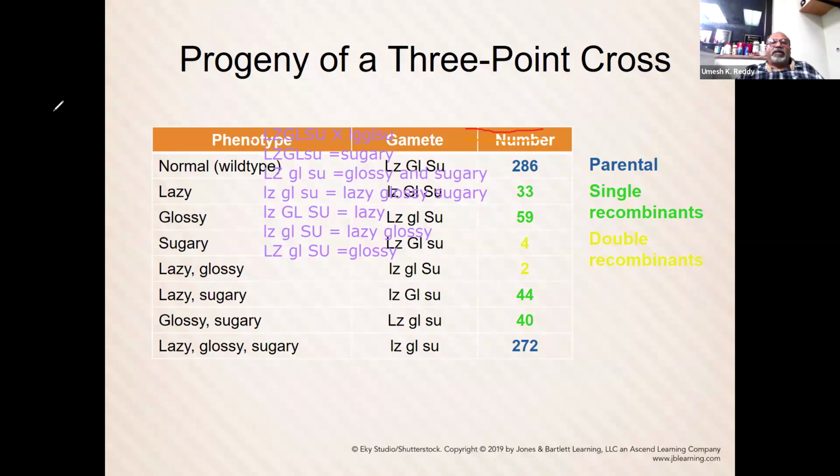If the recombination happened here, for example, there, then we will get a recombinant chromatid, which will look like this. Okay, so this one got swapped here.